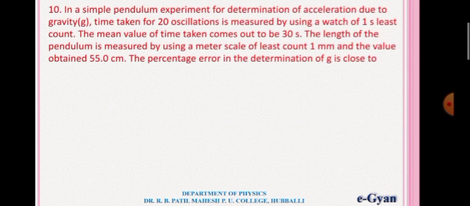In a simple pendulum experiment for determination of acceleration due to gravity g, the time taken for 20 oscillations is measured using a watch of 1 second least count. The mean value of time taken comes out to be 30 seconds. The length of the pendulum is measured using a meter scale of least count 1 millimeter.